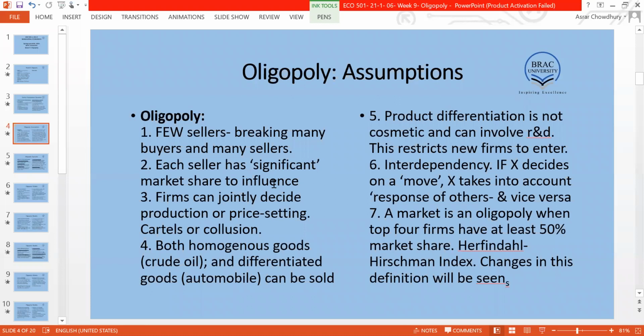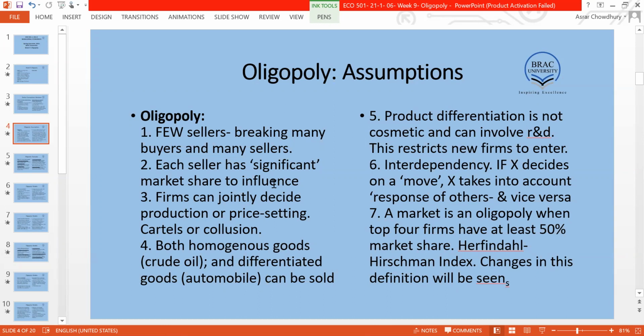Over here, we're going to see few sellers. If there are few sellers supplying the total market output, definitely each seller has a significant market share with which they can influence the market outcome.